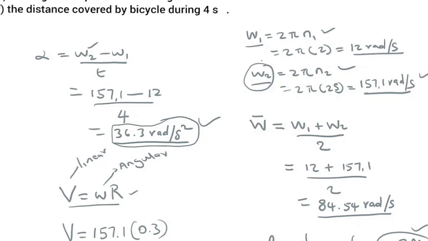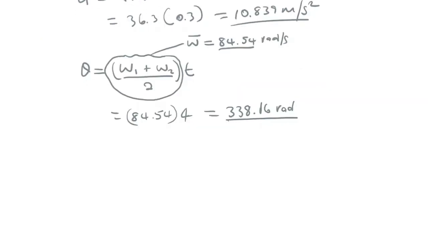Now the last part says calculate the distance covered by the bicycle during 4 seconds. That means we are also going to use the formula which combines these two properties. S, the linear displacement, is equal to the angular displacement times r. This is the linear displacement, this is the angular part, and this is the radius of the bicycle's wheel.